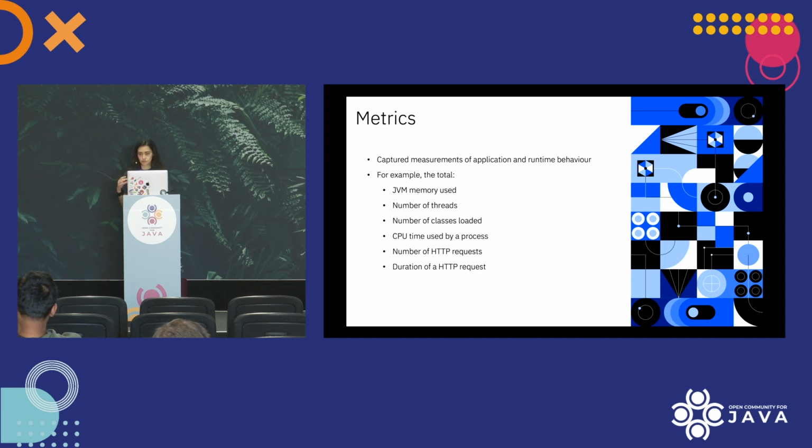These are all runtime metrics collected at the runtime level. You've then got the number of HTTP requests over a certain amount of time, like an hour or a minute, however long you want to observe, and the duration of an HTTP request. If you see differences or spikes in this, then you'll probably know something's going wrong in one of your services or your application, and then you can dive into why.